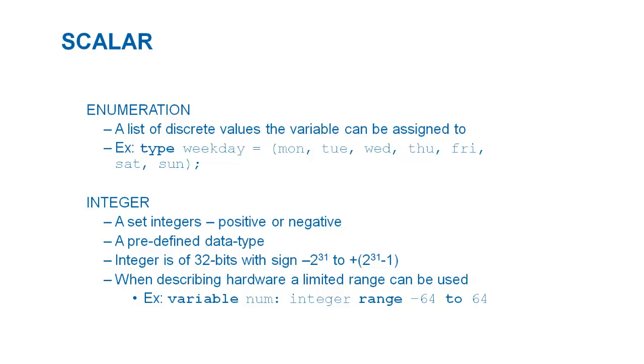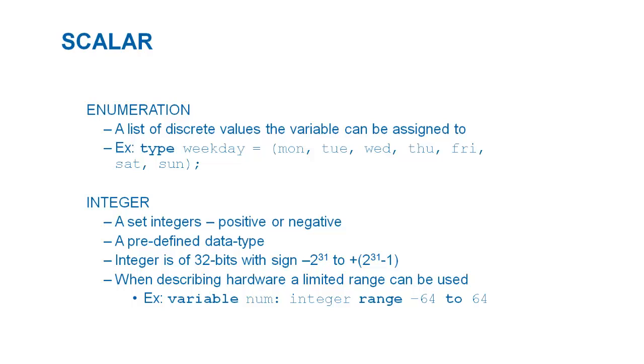Scalar data types, for example an enumeration, are a list of values that are bound, and when you create a data type of this kind, you statically give it the range of values or the range of possible assignments that it can have. Then in the implementation, the most efficient number of bits to represent these data values will be used.